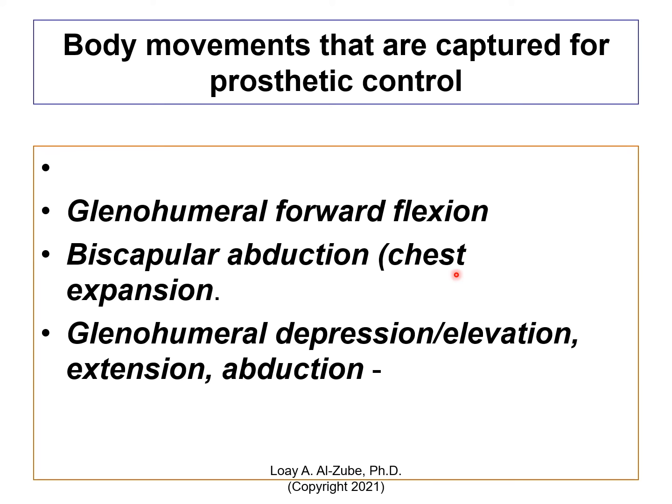Okay, now body movements that are captured for prosthetic control, and that's important from a clinical point of view. You need to make sure that we have glenohumeral forward flexion, biscapular abduction, which is chest expansion and relaxation, and glenohumeral depression, elevation, extension, and abduction. So there are all these movements.